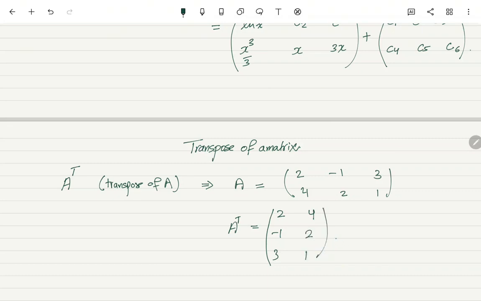So rather than having two rows, after a transpose we will have 3 rows, and vice versa for columns. Instead of having 3 columns after transpose, we will have 2 columns.